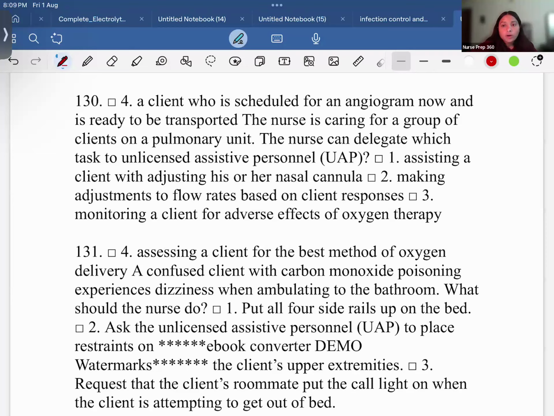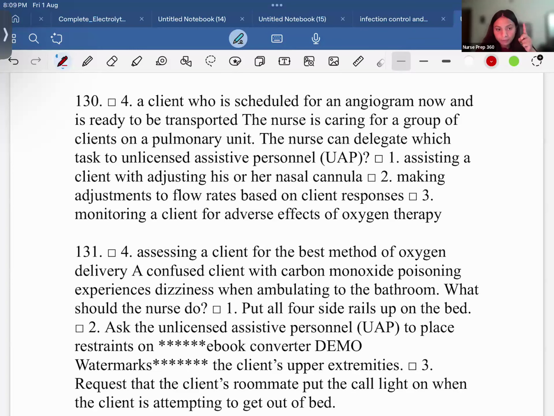So you're working, let me answer this question, let me help you. You're working in a pulmonary unit, caring for a group of clients. So which work can you delegate to the UAP? First, assisting a client with adjusting his or her nasal cannula. So you will ask, okay UAP, go and just adjust the nasal cannula of this patient.